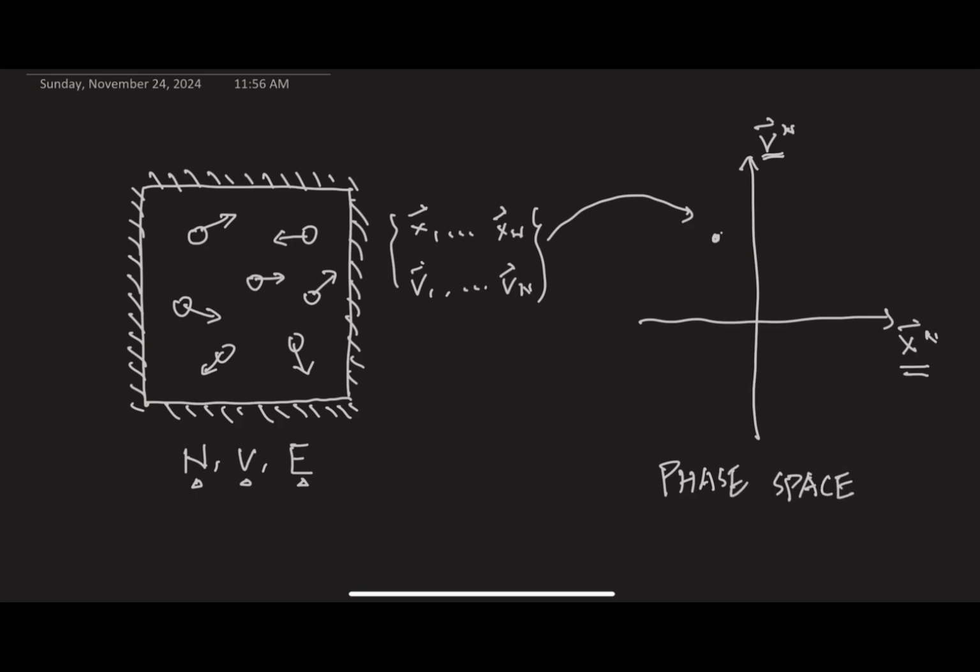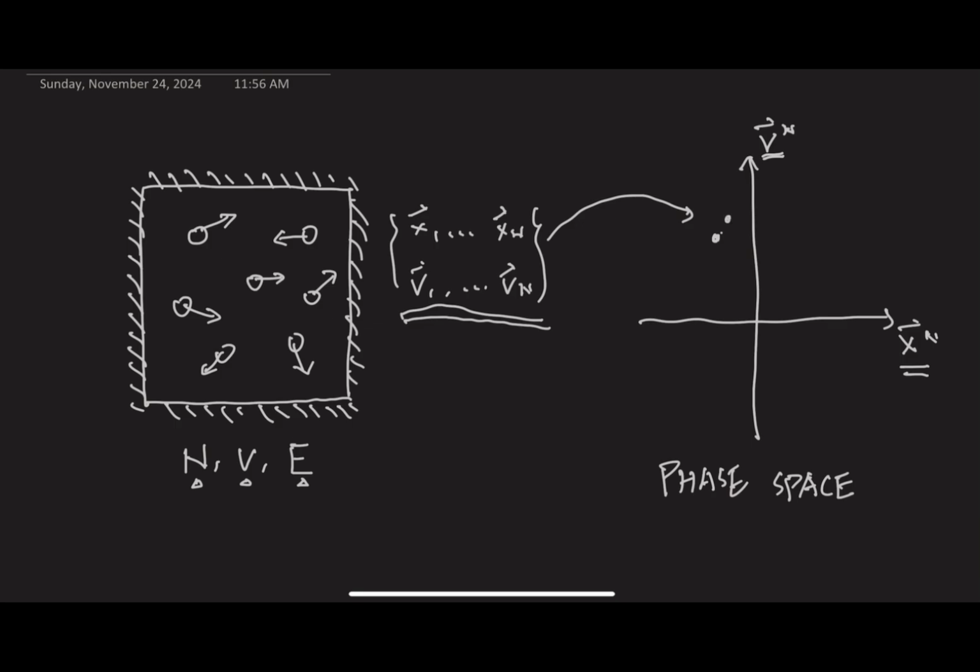Okay, so now we imagine that the system is evolving, the particles are moving around, changing their positions and changing their velocities. If we keep track of that evolution of the system, and in particular, we take a snapshot at each time point, for each time point we can get a set of numbers which represent the microscopic state of the system, and we can map that into the phase space.